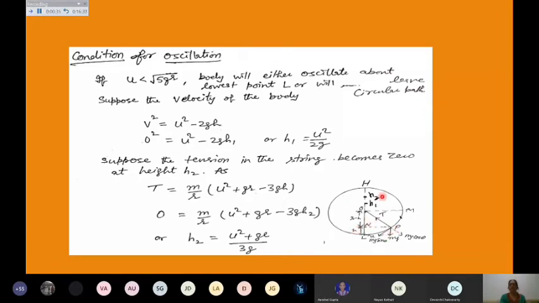So for that we assume that at some point h1, the velocity of the body becomes 0.